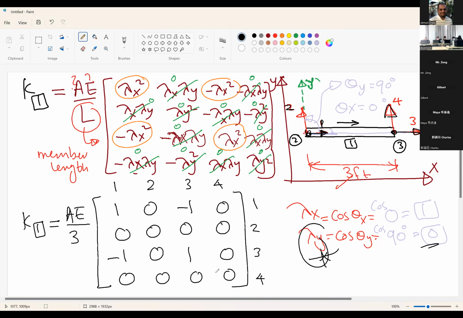Okay. So this is the global stiffness matrix for member 1. Now if we go to member 2.